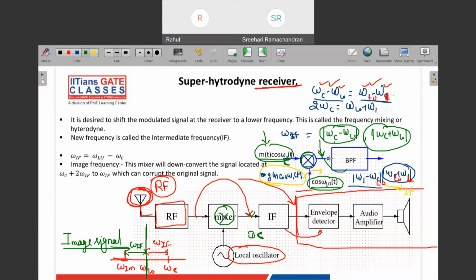But in this case, instead of getting down converted to 0, it gets down converted to some intermediate frequency omega IF. That's the difference between the DSB-SC receiver we have seen and this one. This kind of receiver, where we don't convert to DC but to some intermediate frequency, is called a superheterodyne receiver.